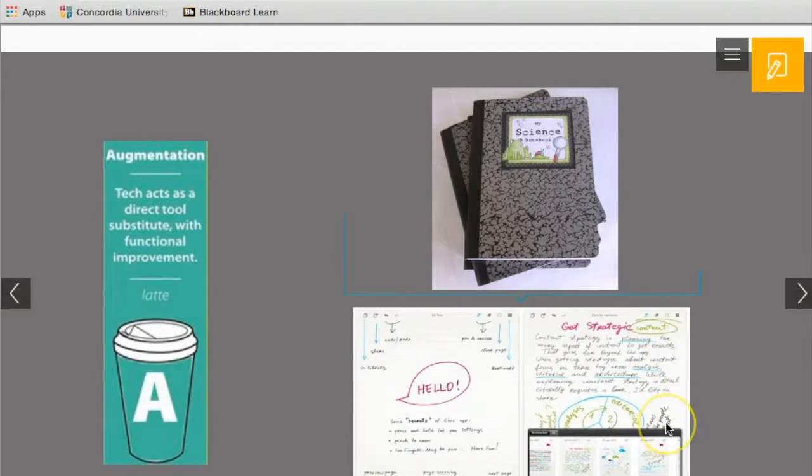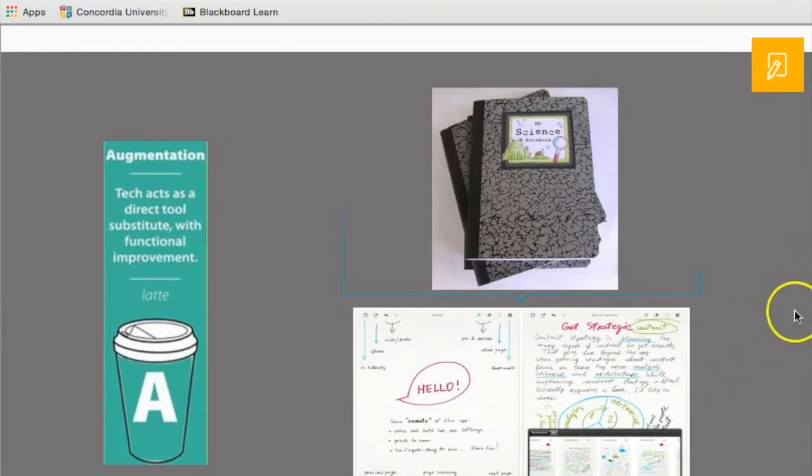If students are doing some learning around plants, they could take a picture of the plant, put it in their notebook and save that. They can still do all their writing in there, their doodling, their scientific drawings, but it allows you to add another layer on top of what the original notebook was able to do.